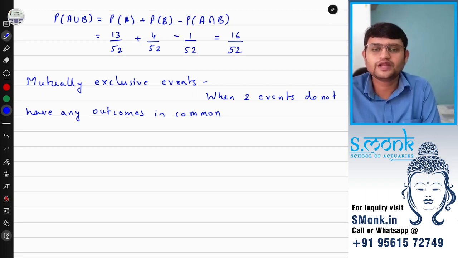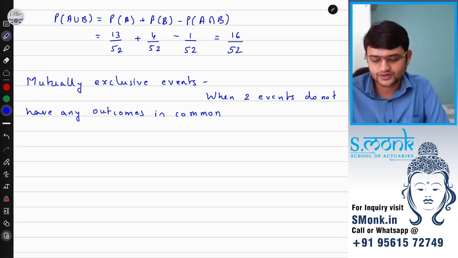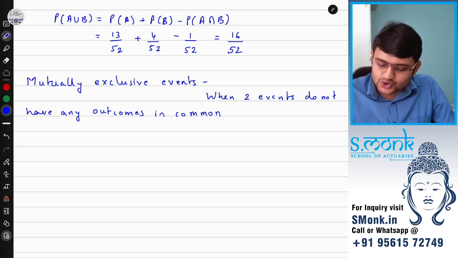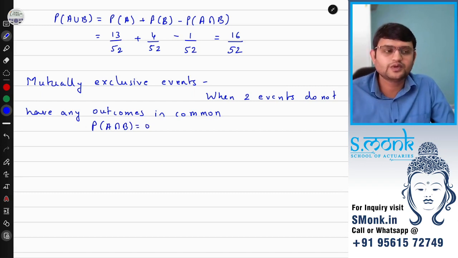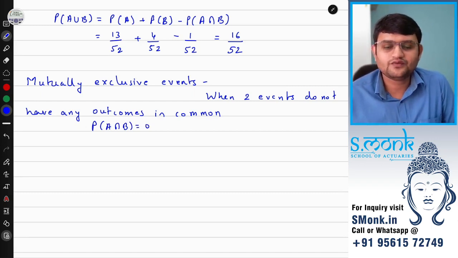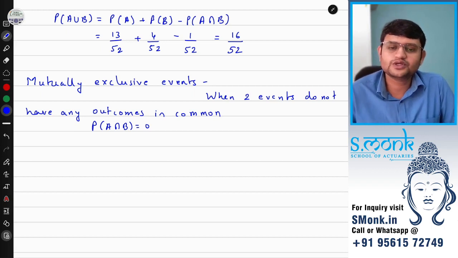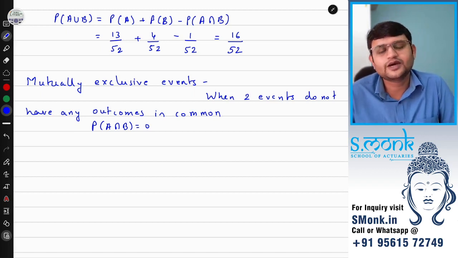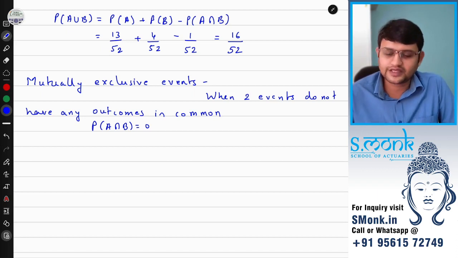If they do not have any outcomes in common, then they are mutually exclusive. That means probability of A intersection B is always going to be 0. So no outcomes in common, then we'll call them mutually exclusive events.